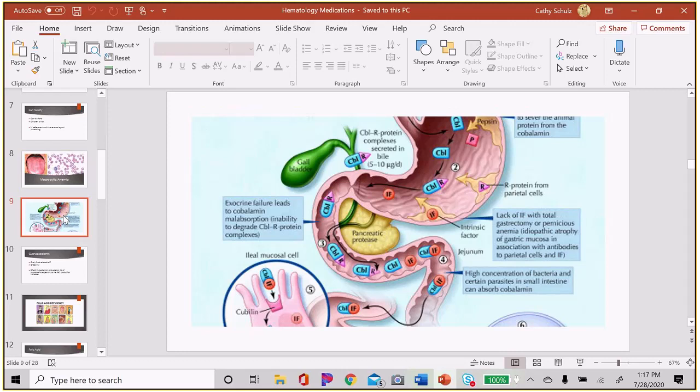Intrinsic factor is a special protein that allows B12 to be absorbed later on in the intestine. And so some people just don't have the cells that are able to make that intrinsic factor, or maybe they had part of their stomach removed, so they just don't have enough intrinsic factor.